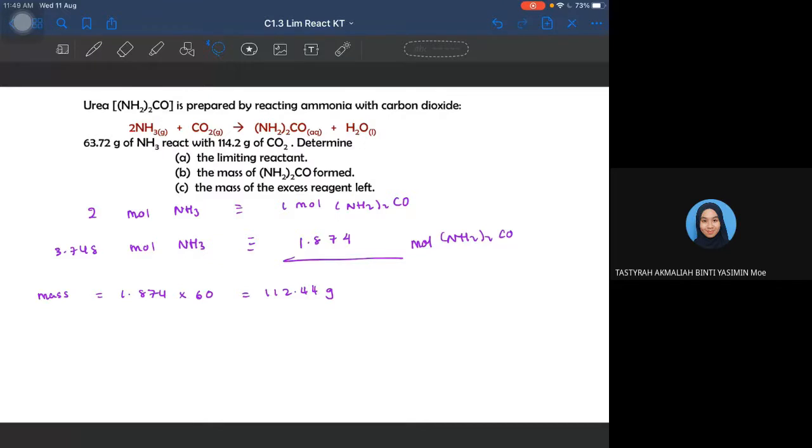Okay, so for the next question, it asks for the mass of the excess reactant, the excess reactant left. Okay, so for this question, we need to compare the limiting, like just now we compared limiting with CO2.